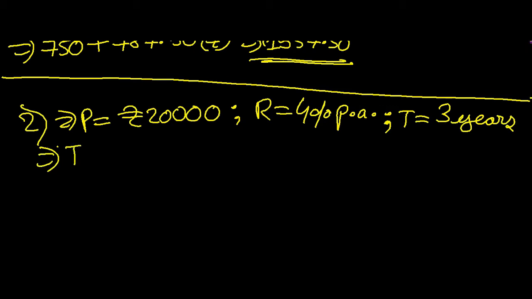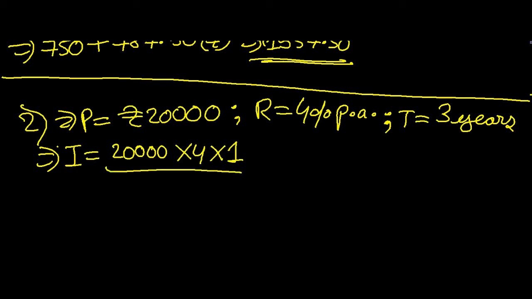So interest is equal to P into R into T. P is the principal 20,000 into rate 4% per annum, and time we have to calculate it yearly, so we will write 1. Okay. So friends, 20,000 into 4 into 1 by 100. So let's calculate.